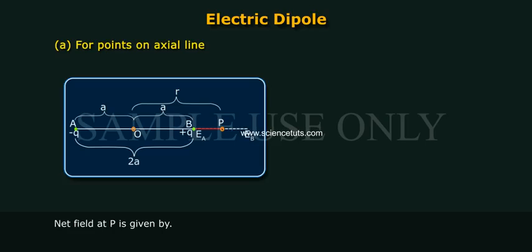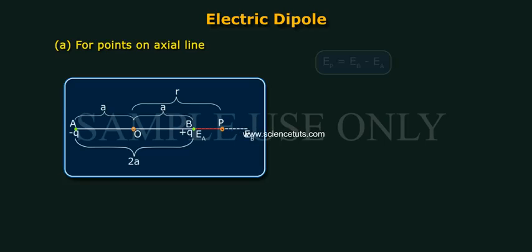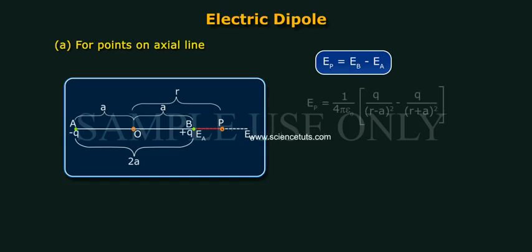Net field at P is given by EP is equal to EB minus EA, which is equal to 1 by 4 pi epsilon naught of [Q by (R minus A) whole square minus Q by (R plus A) whole square].